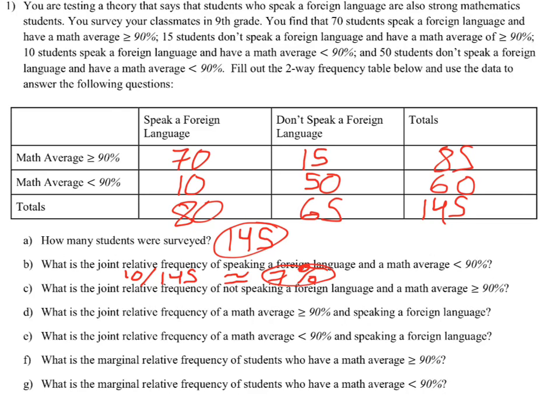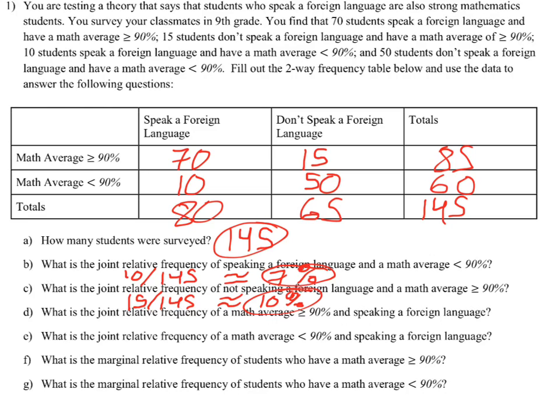Okay, next one, joint relative frequency, not speaking foreign language, and math greater than 90%. So here's math 90, doesn't speak foreign language, that's the 15 there. So 15 divided by 145, and that should be about 10%.